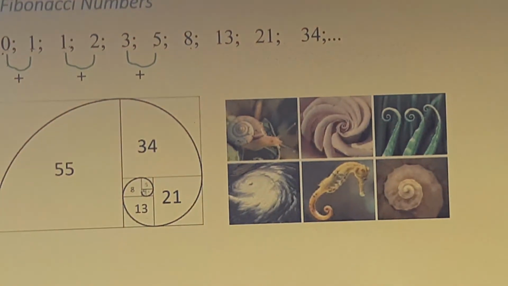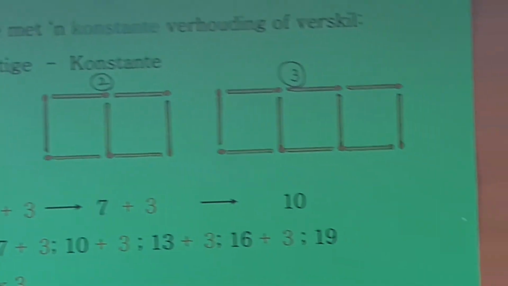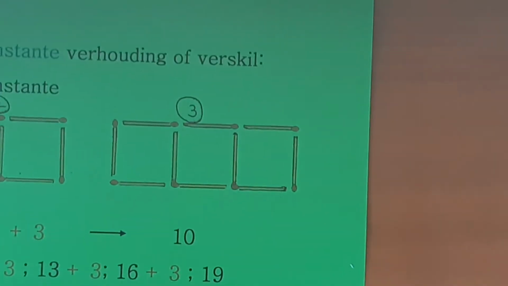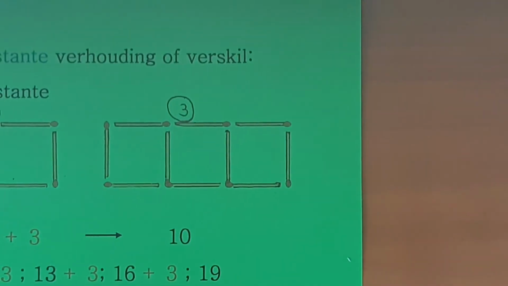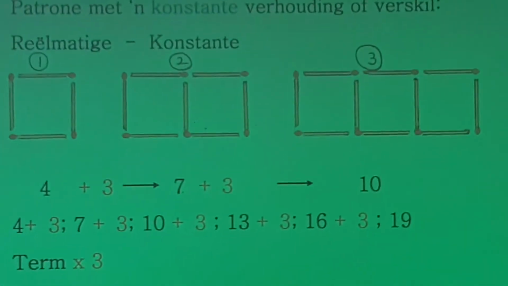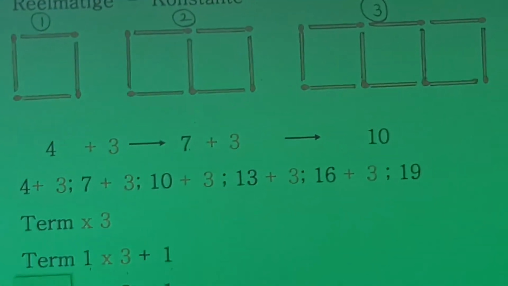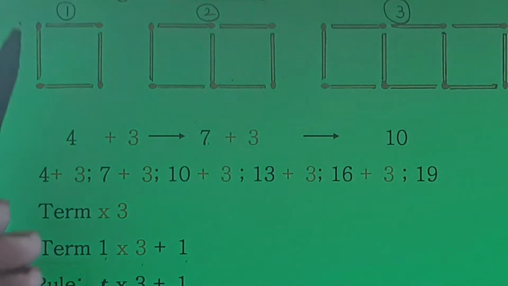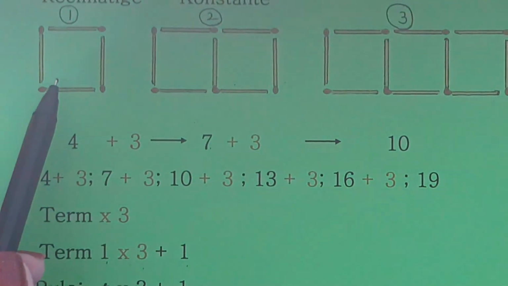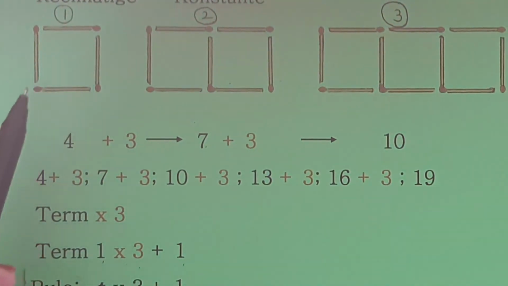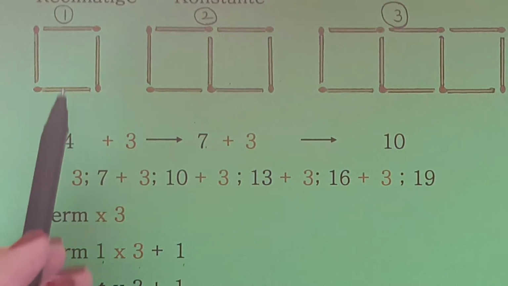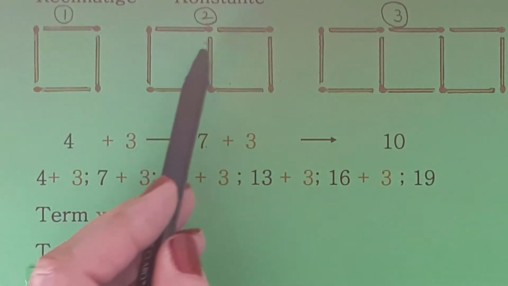Then patterns with a constant ratio or a constant difference. These are patterns that differ all the time, but you add the same number to get the next pattern. If you look at this one, you add 3 matches.